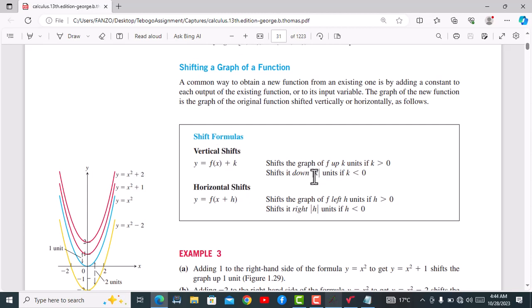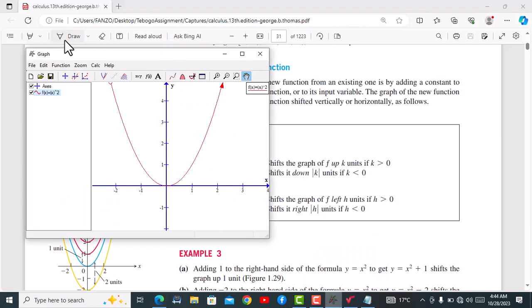So for going up you add a positive k, for going down it's a minus k, hence we have the modulus here. Shifting the graph of f upwards k units if k is greater than 0, if it is positive it goes up. Shifting it down the modulus of k units if k is less than 0.